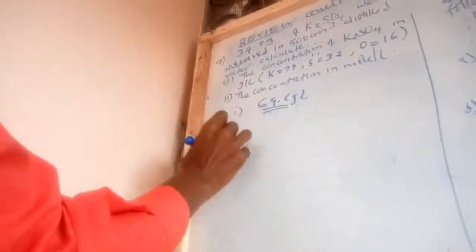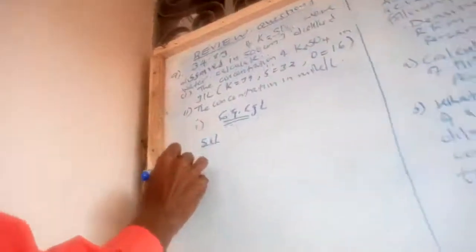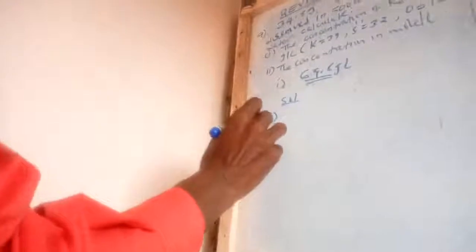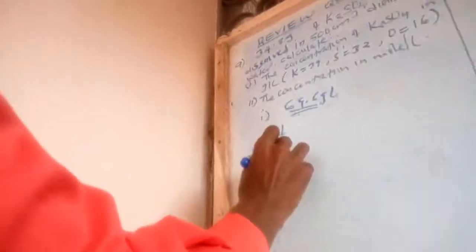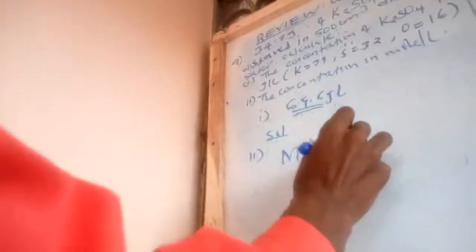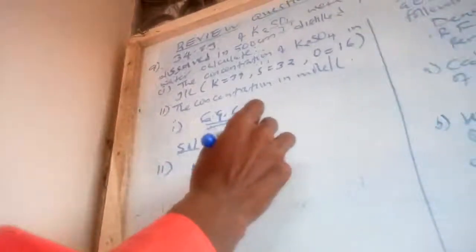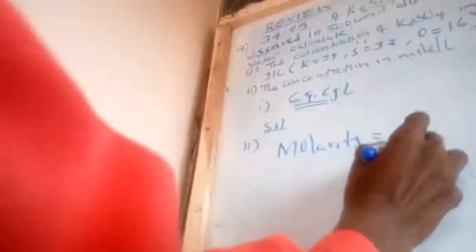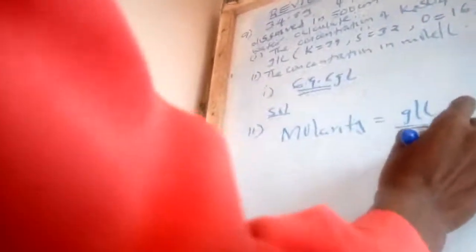What about the solution to the second part of the question, Roman 2, the concentration in moles per liter? You are supposed to write molarity, that is the formula, is equal to concentration in grams per liter divided by RFM.